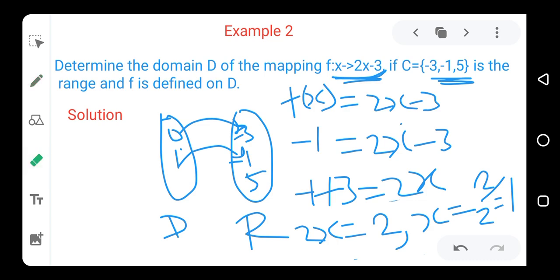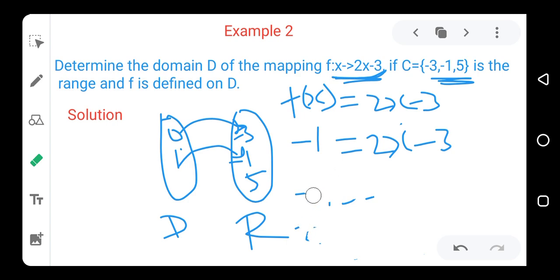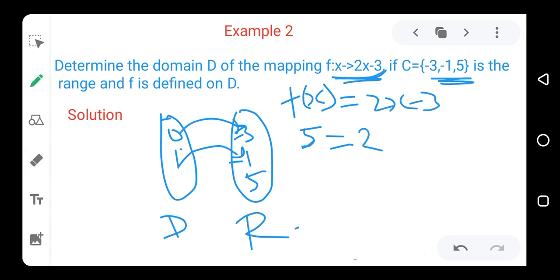Now the last one. In the last one, where we have that f of x is equal to 5, that means that 5 is equal to 2x minus 3.